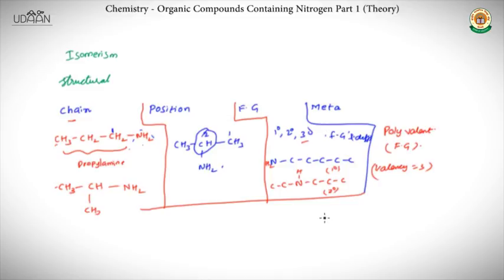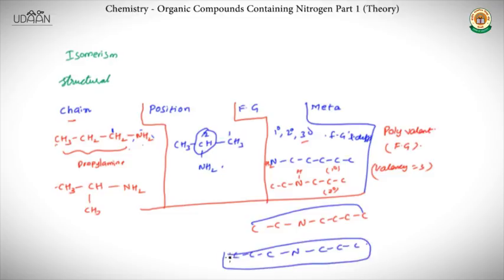Let us consider an example of a secondary amine, where you have 4 carbons on one side and only 3 carbons on the other side. Now if one carbon is shifted, you are going to get 3 carbons on one side and 3 carbons on the other side. As you can see, this one is obtained by shifting the alkyl groups from one side of the polyvalent functional group, which is nitrogen, to the other side. So these are metamers.